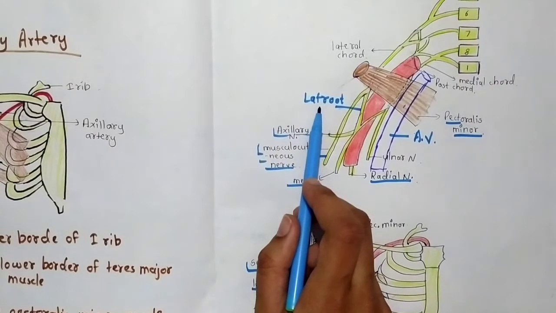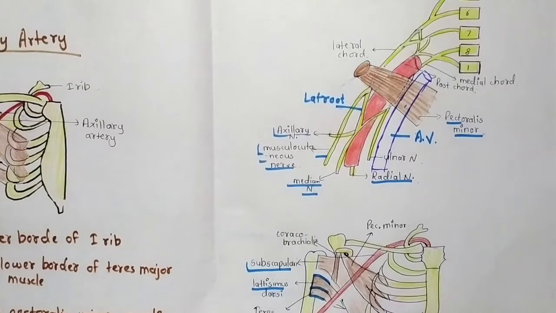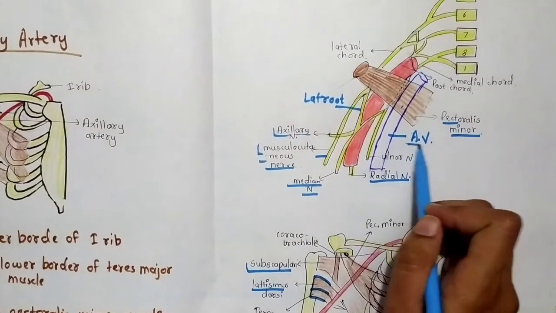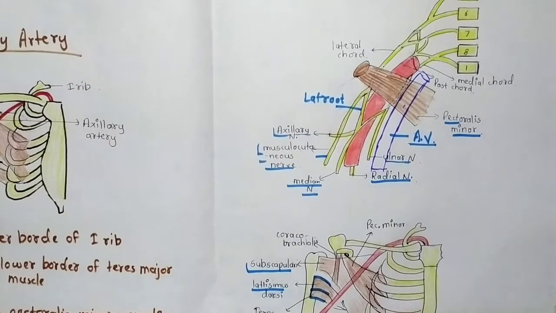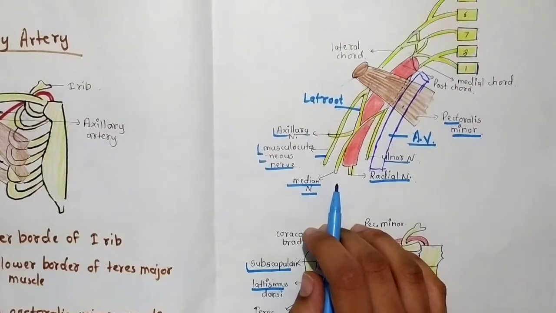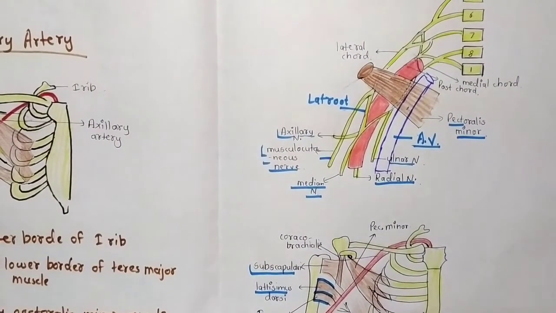And in the medial part, this axillary vein is common, and you can see this is the ulnar nerve, and the two cutaneous nerves of arm and forearm. Okay, so these are all the relations.